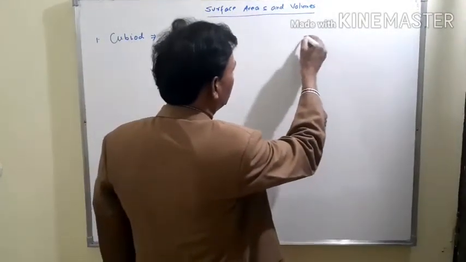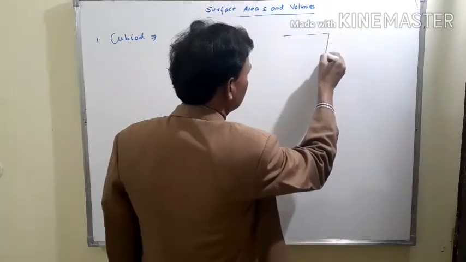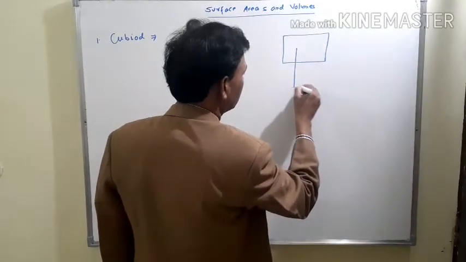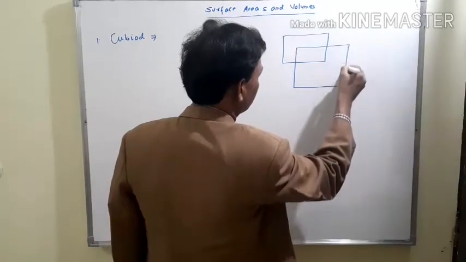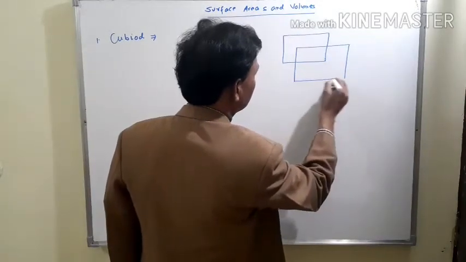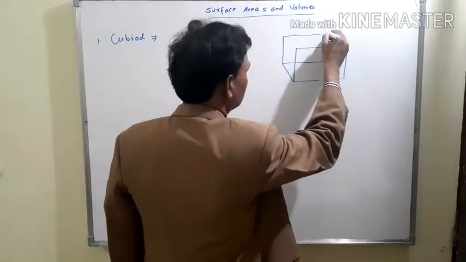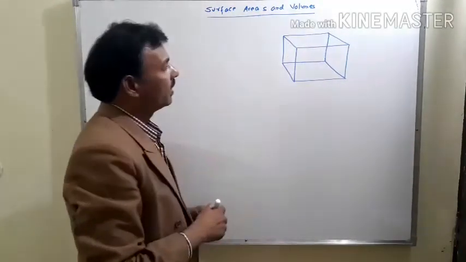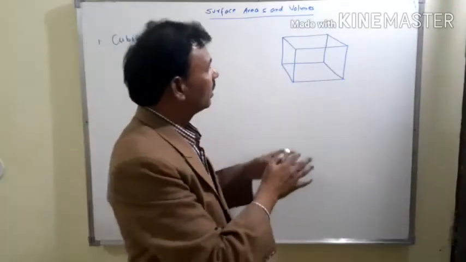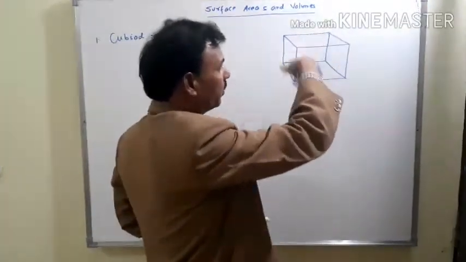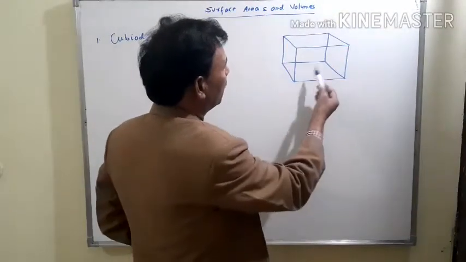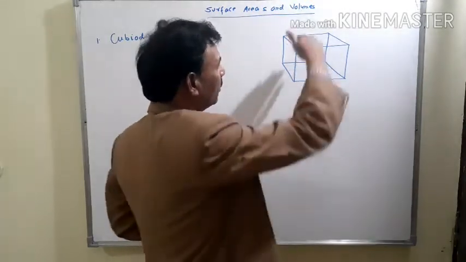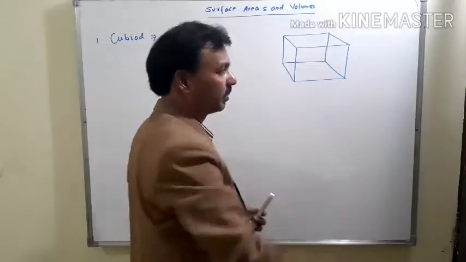We draw the figure of a cuboid like this. This is a cuboid and there are 6 faces: 4 faces on 4 sides, that means 1, 2, 3 and 1 back side, 4, and 1 face on top and another face at the bottom.